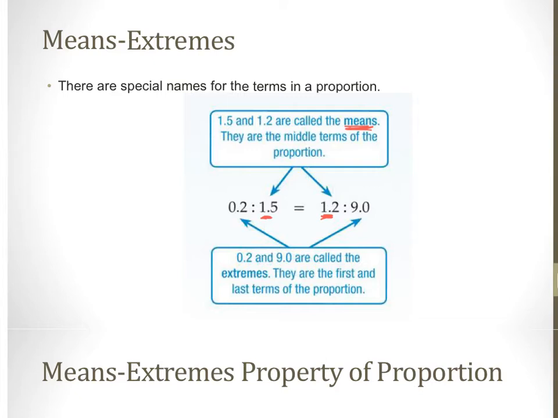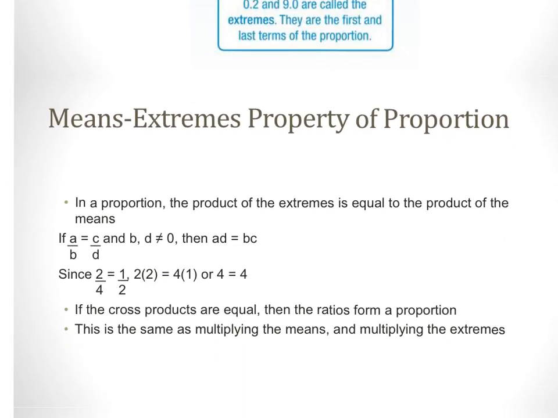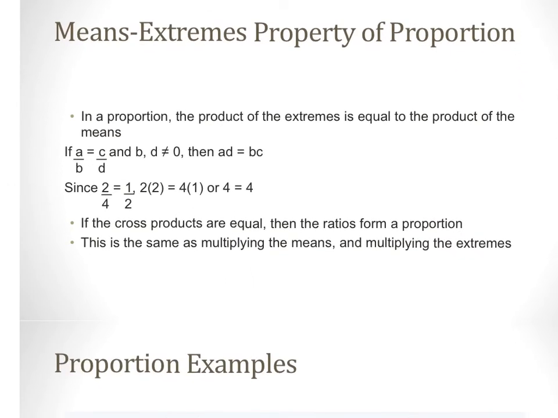And then you have your extremes. Your extremes are on the far end, the furthest away from the equal sign. The reason why we need to know this vocab, means and extremes, is due to this means and extremes property. Now, pause the video if you need to write all this down, but all of this paragraph is leading up to cross multiplying.